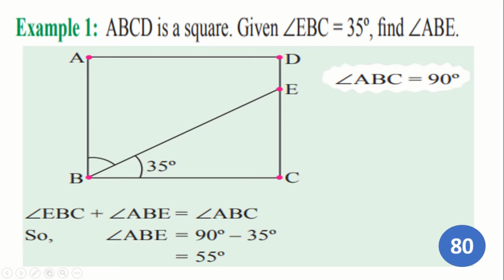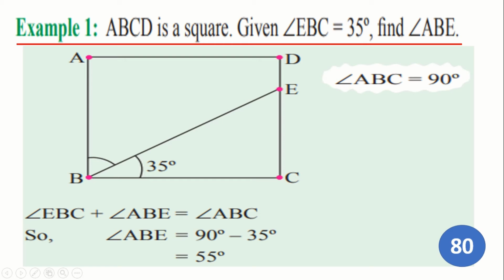Example number 1. ABCD is a square. Given angle EBC equals 35 degrees, find angle ABE.